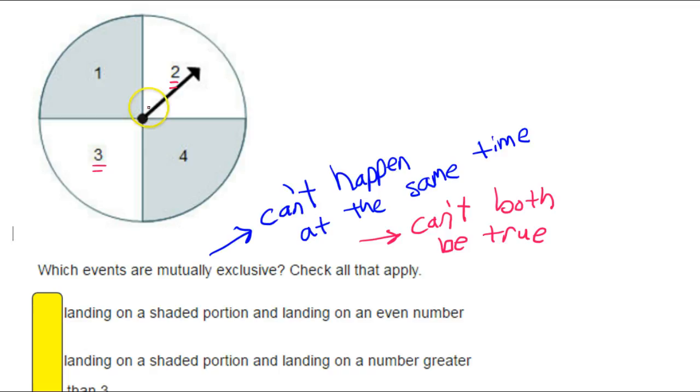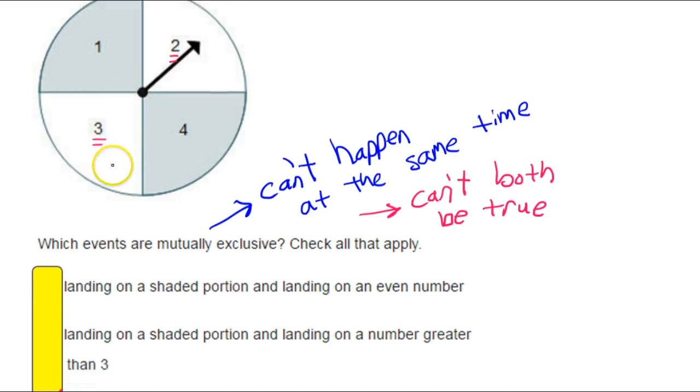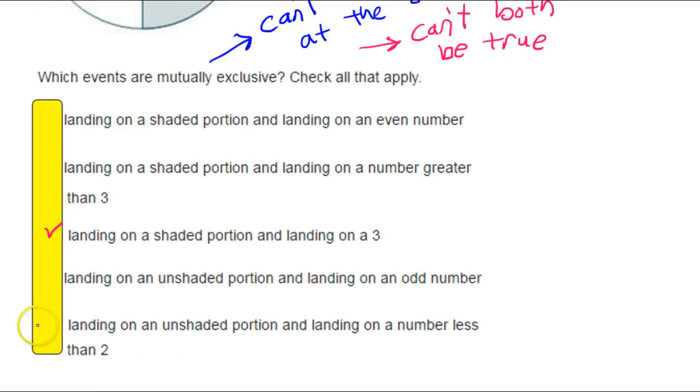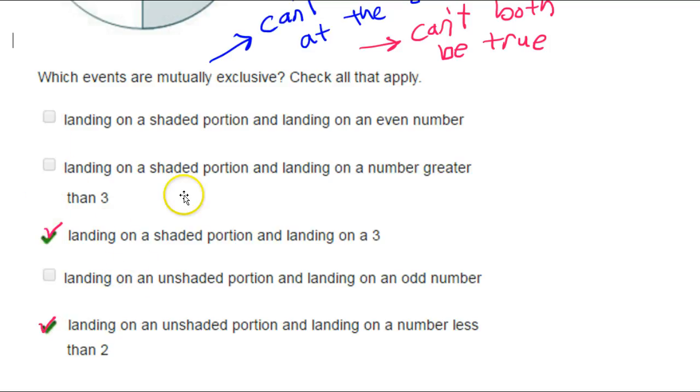No. 2 is not less than itself, so neither of these are less than 2. So there's no way for you to be unshaded and less than 2 at the same time. So these two events are mutually exclusive. And there you go.